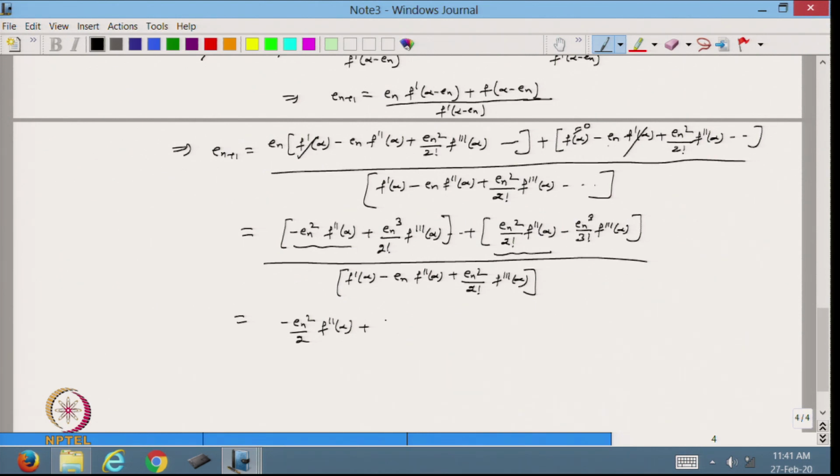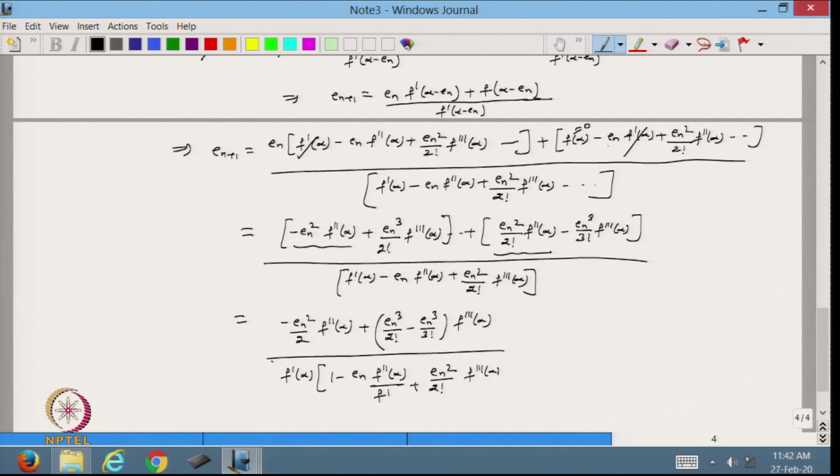So, this one I can have En cube by 2 factorial minus En cube by 3 factorial f triple dash alpha divided by f dash alpha, I just take common. So, I will get 1 minus En f double dash alpha by f dash alpha plus En square by 2 factorial f triple dash alpha by f dash alpha.